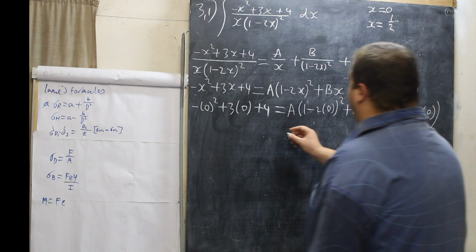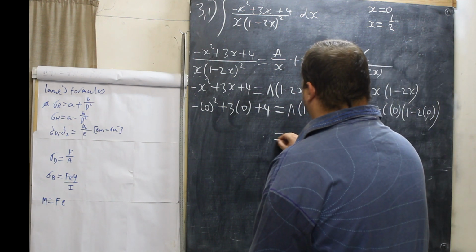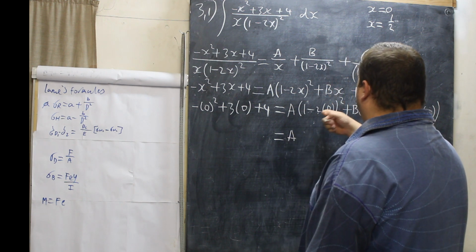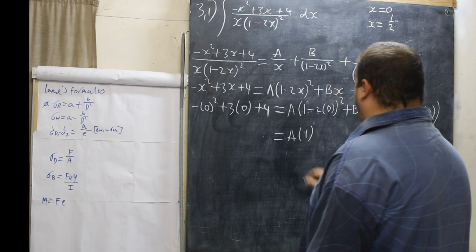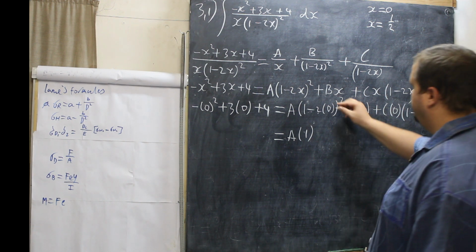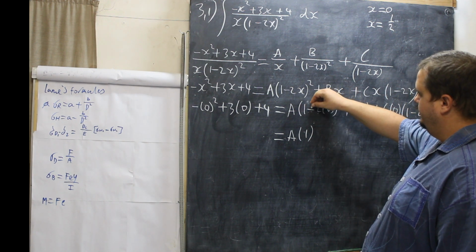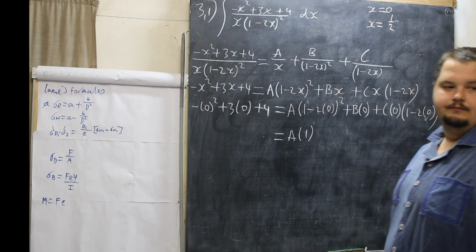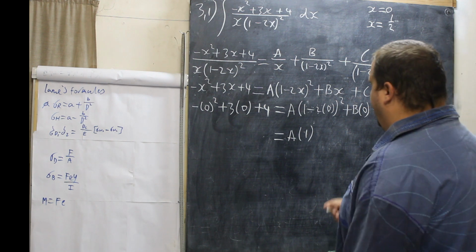And then what we are left with is A. Now A times 1. It'll be A times 1, because 2 times 0 is 0, 1 minus 0 is 1, and 1 squared is 1. So we are left with A.